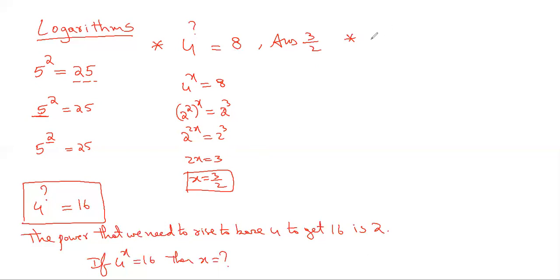Now one more. 4 power how much equal to 3? Suddenly you don't have an answer. You don't have an answer in rational form, because that is not a rational number.